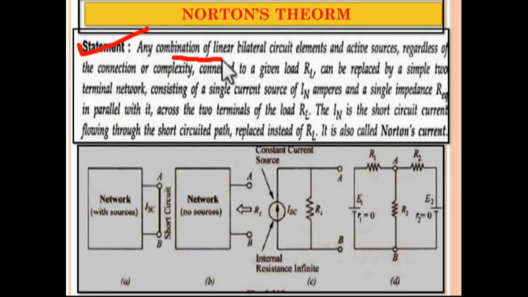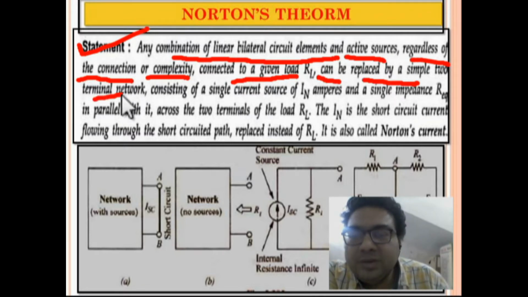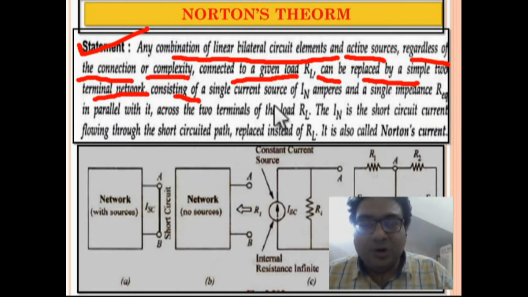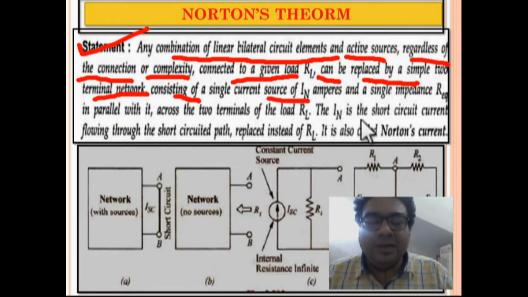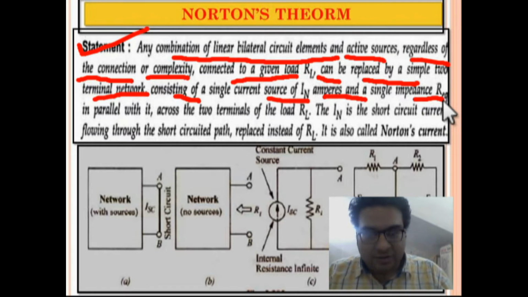Any combination of linear bilateral circuit elements and active sources, regardless of its connection or complexity, connected to a given load RL can be replaced by a simple two terminal network consisting of a single current source, called Norton's current source, written as IN amperes, and a single impedance or resistance RN or R equivalent in parallel with it across the two terminals of the load resistance.